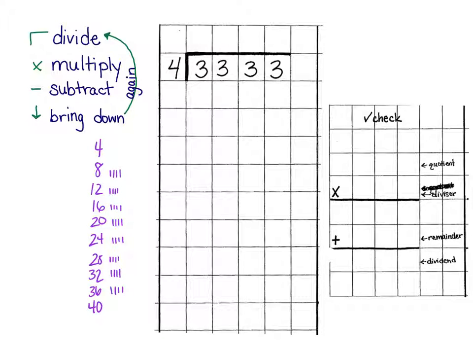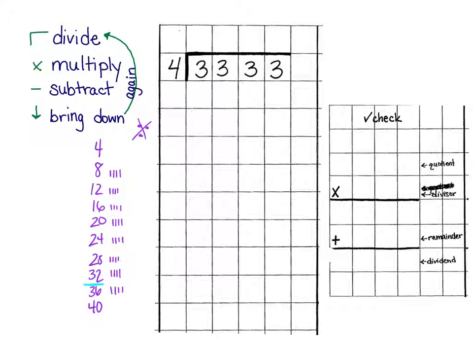All right, so we're going to look at the number 3. If we have 3, 1, 2, 3, can we make a group of 4? No, we can't. So we need to look at the number 33. How many groups of 4 are in 33? So we're going to look, 33 would be about here on our list.